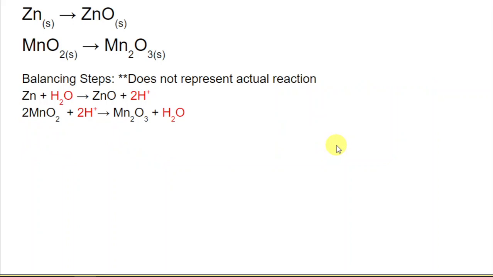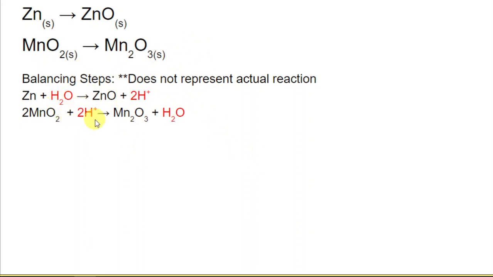So in order to balance the half reactions, we need to first balance them as if they were in acidic solution, and then add hydroxides to turn it into a basic solution. So note that these steps do not actually represent the real steps of the reaction, it's just a strategy to help balance it.